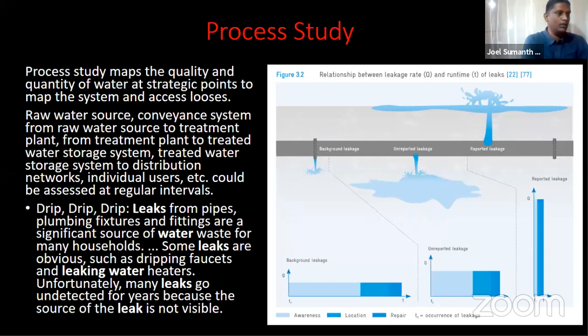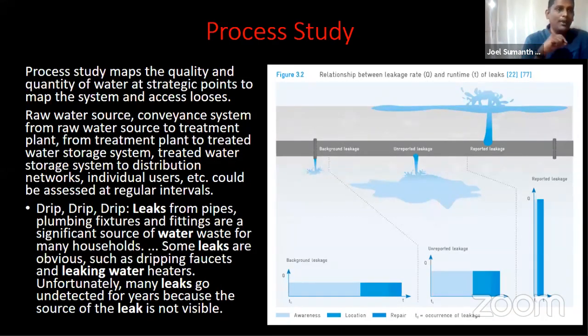So if you are taking the example of a household, you are going to measure how much water is required in a kitchen, how much water is required in the washroom, how much water is required for gardening, how much water is required for bathing, because all these different services need different quantity of water.